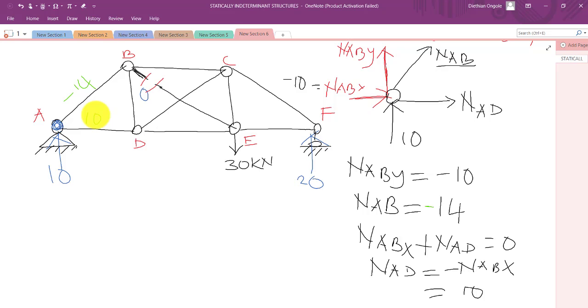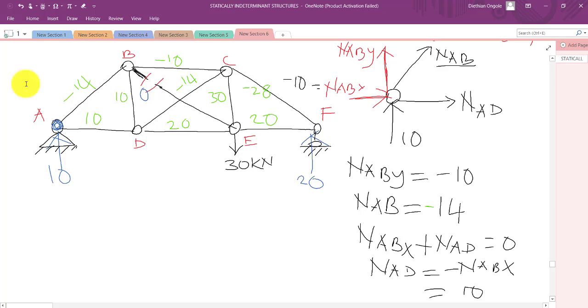So we use the same principle on the remaining joints, and then we shall find that the other internal forces would be: this would be 10, then this would be a negative 10, and then this one would have a 20, and then for here we shall have a 30, then this one would give us negative 14, and this slanting one, that is CF, would give us a negative 28, and then lastly the EF would give us a 20.